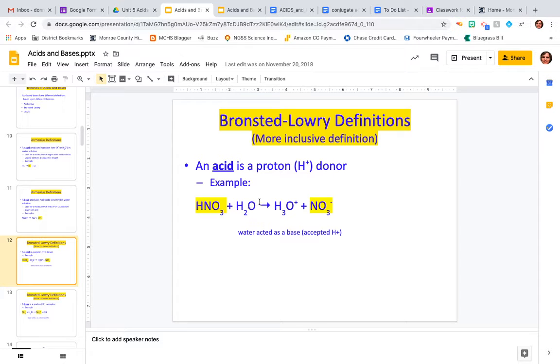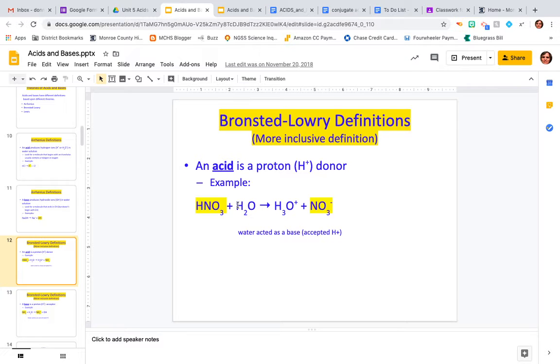So the water is the base, because you can see here it accepted a proton. So in order to determine what's the acid and what's the base, it's easy if you have it in an equation, because you can see, oh, this HNO3 lost a hydrogen ion, so that was the acid. And this H2O gained a hydrogen ion, so that must have been the base. The water was acting as the base in that reaction.